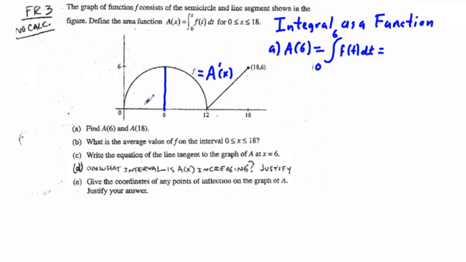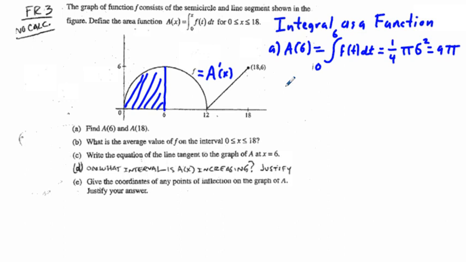And what that's going to be is the area of this corner of a circle. The formula for area is pi r squared. So we have a quarter circle, so 1/4 pi, and the radius of the circle is 6. We have 6 squared, which equals 1/4 of 36. So that's going to be 9 pi.